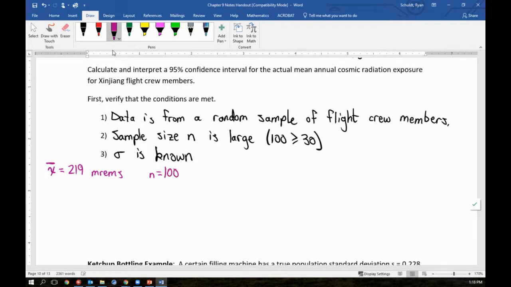What about sigma? $35 is what they tell us. And then we want to be 95% confident. So what would our Z critical value be? 1.96.